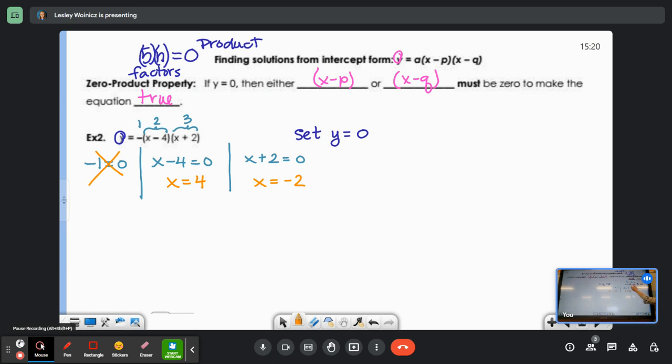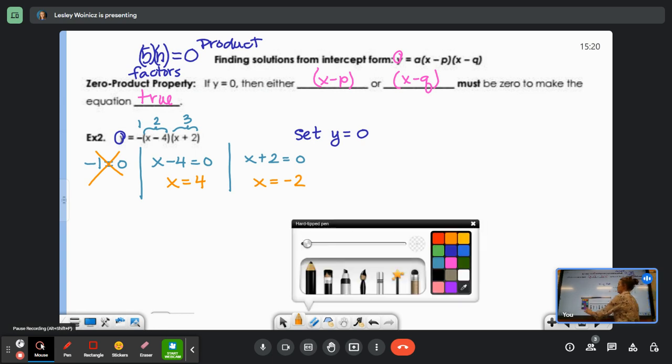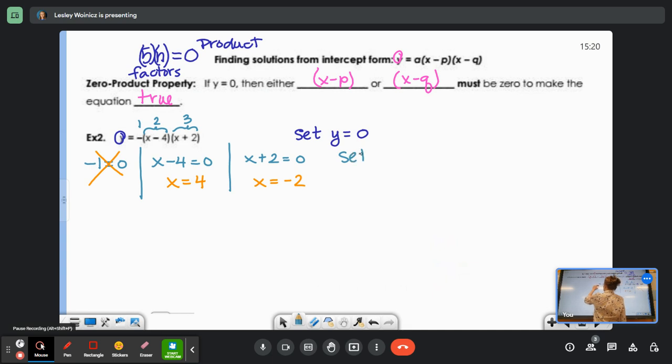If I've got a -4, it had to be positive. If I've got a +2, it had to be negative. So step 2 was set factors equal to 0 and solve.